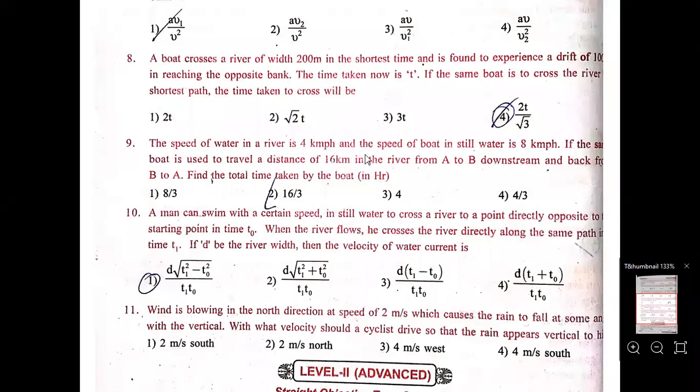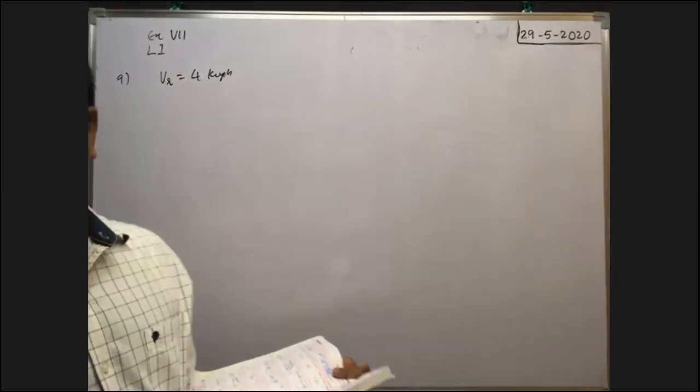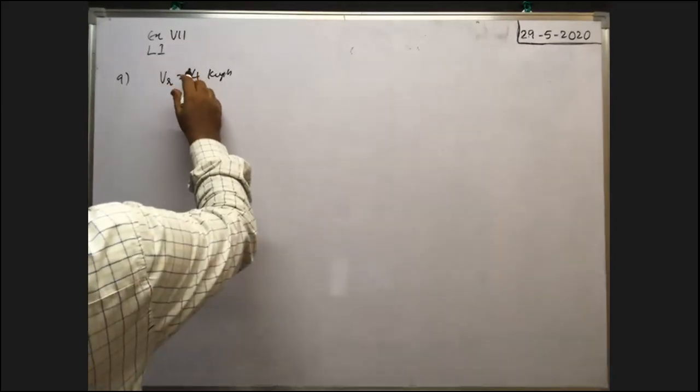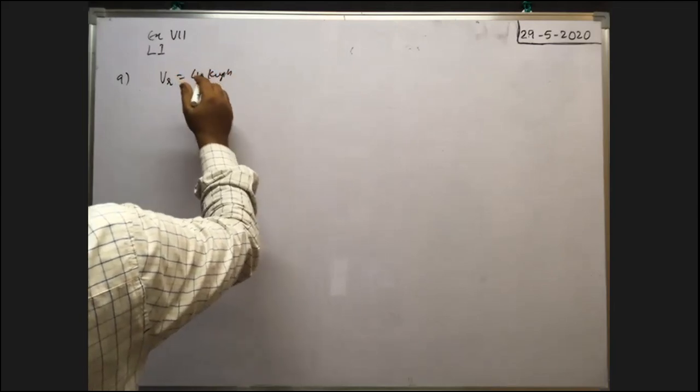Okay, I think you have seen the question, ninth problem. Now you see the boat. Here the velocity of the water in a river is equal to 4 km per hour, given. The speed of the boat in still water is given.